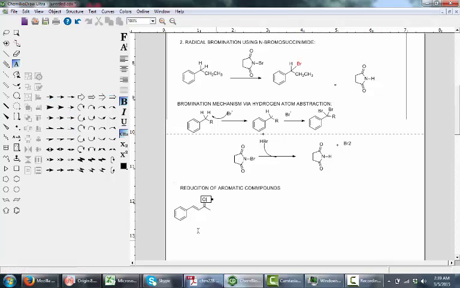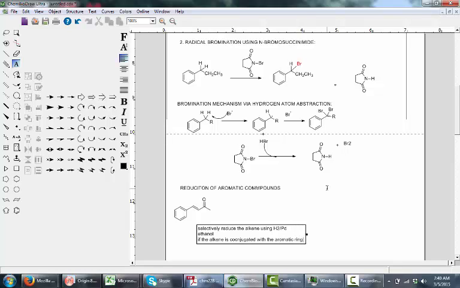I can selectively reduce the alkene using hydrogen, palladium, in ethanol, if that alkene is conjugated with the aromatic ring. So that's pretty useful.